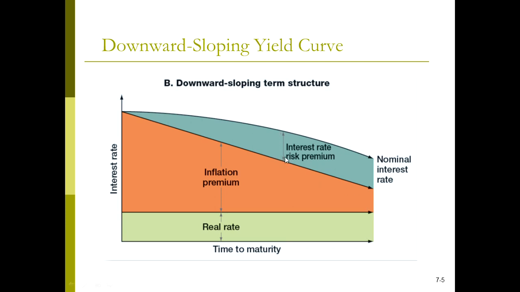The interest rate risk premium is actually still higher for longer maturity bonds, because the longer the maturity, the more uncertainty the bonds will have. So the downward sloping is mainly due to the inflation expectation.